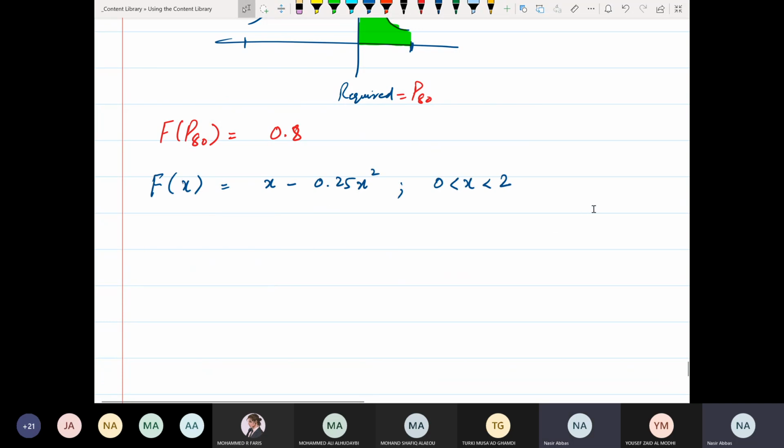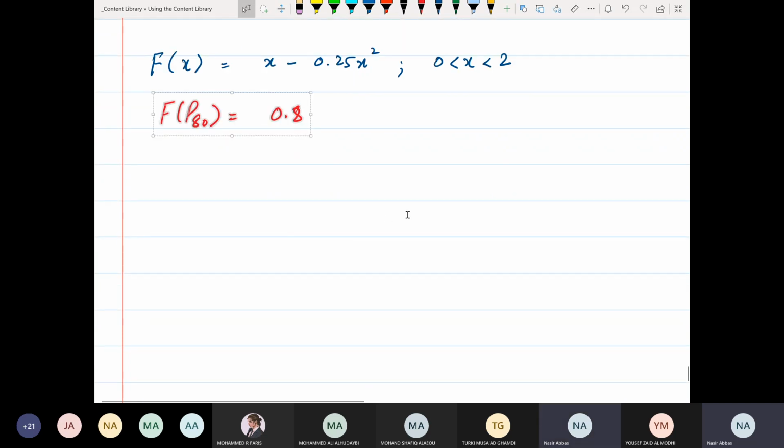Capital F of X. Plug P80 instead of X. Take this equation and fill the left side with F of P80. So it should be P80 minus 0.25 times P80 square. This is equal to 0.8.